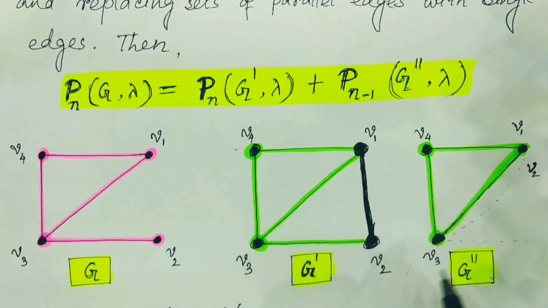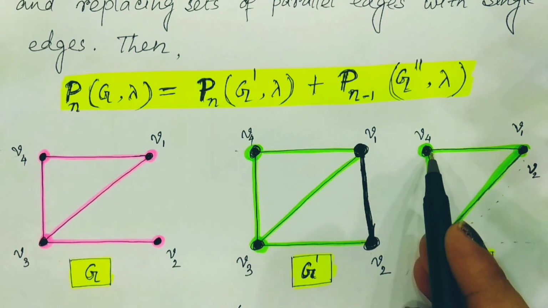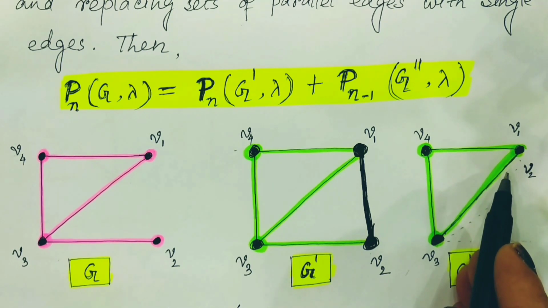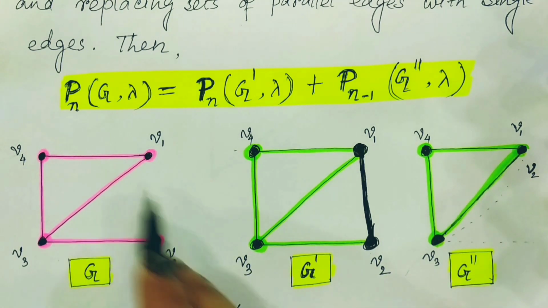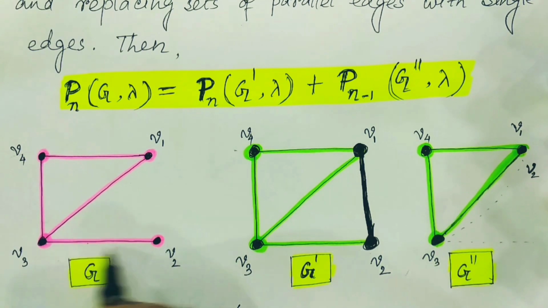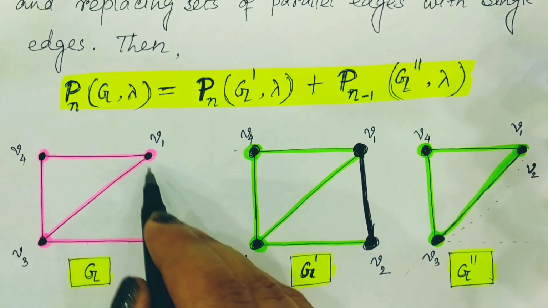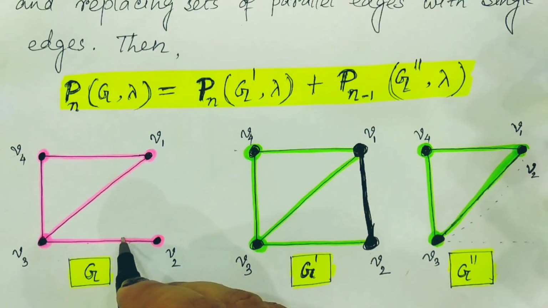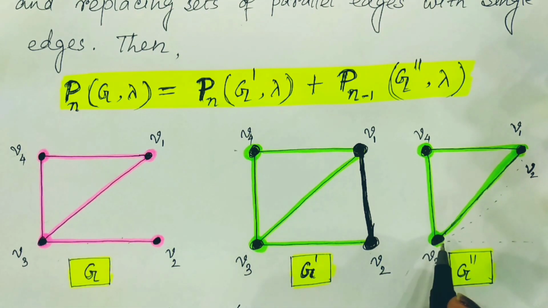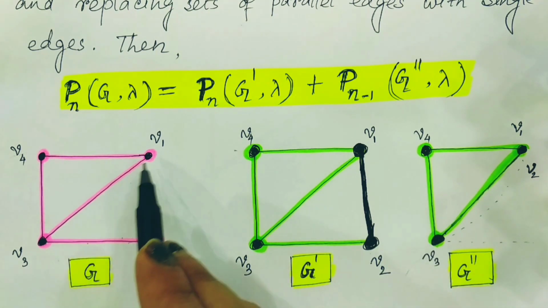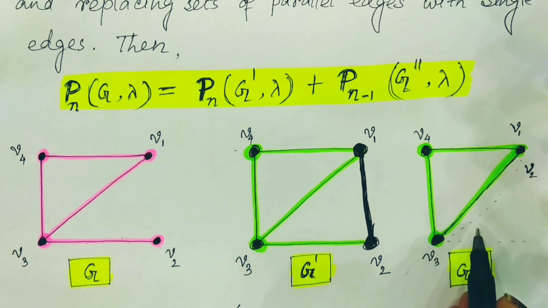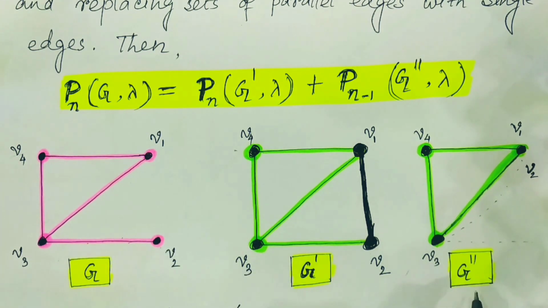V4 remains as it is, V3 as it is, and V1 and V2 are merged. Accordingly, these two edges from V3 to V1 are now parallel edges. Instead of writing these parallel edges, we just consider any one edge. So finally, after merging these two vertices, we get this graph. So this is our G double dash.